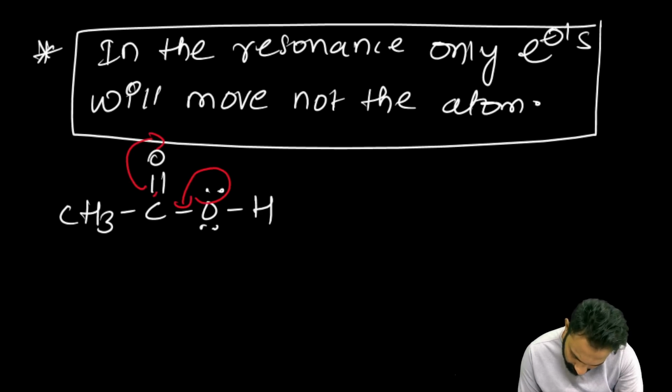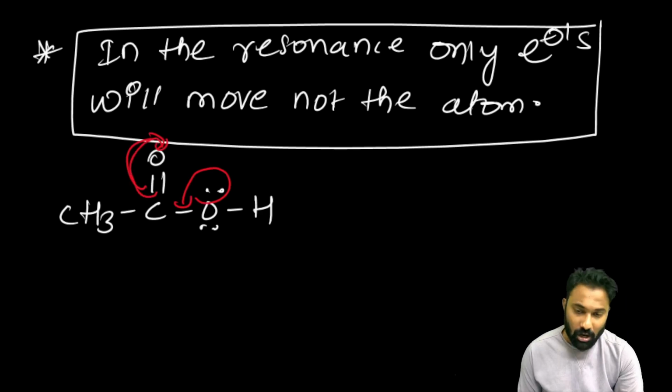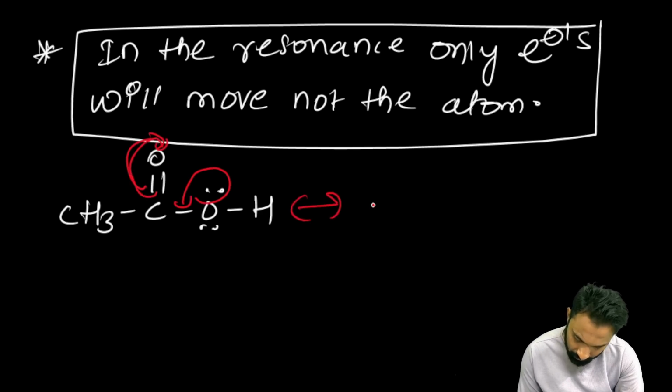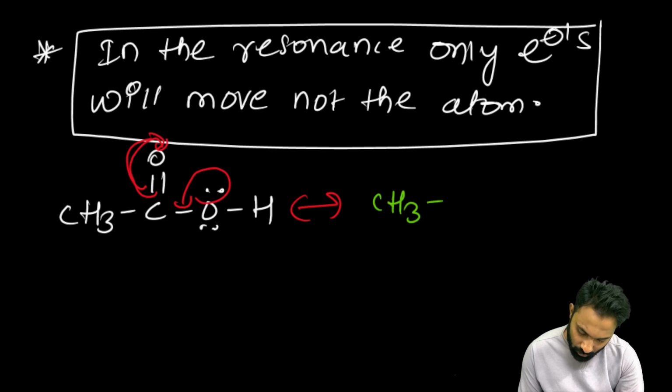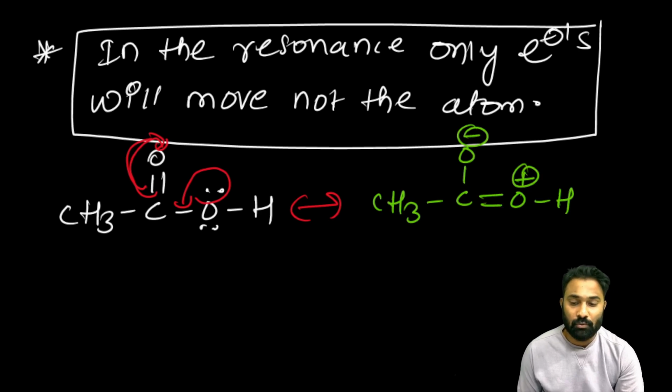These pi electrons are moving towards the oxygen. Then these two are the resonating structures. Here only the electrons are moving.